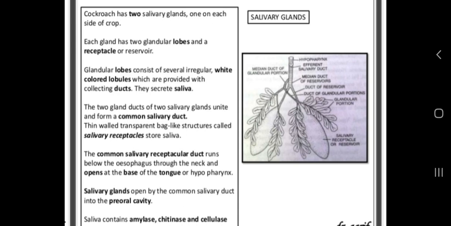The salivary gland of each side opens by its individual duct into one common salivary duct that runs below the esophagus through the neck and opens at the base of the tongue or hypopharynx on the floor of the mouth.